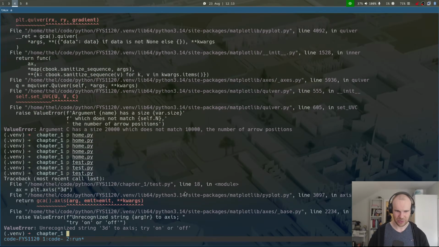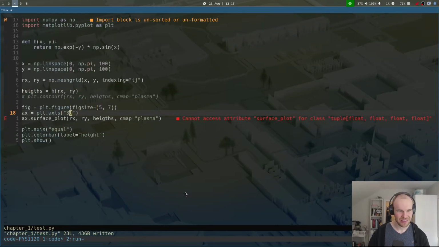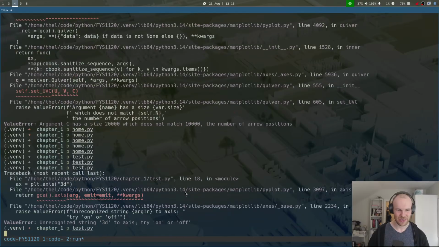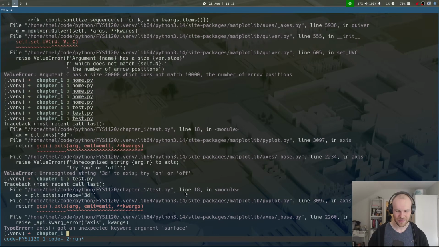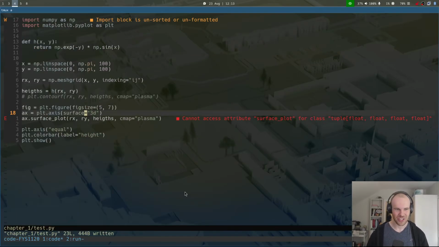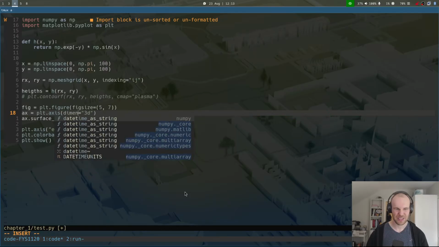No, what was that again? Maybe it's surface. Is it surface? It can't be surface. That seems so weird. Surface. No, I don't think so either. No. What was it? Is it three? Is it dimensions? Maybe. That seems silly, but maybe.